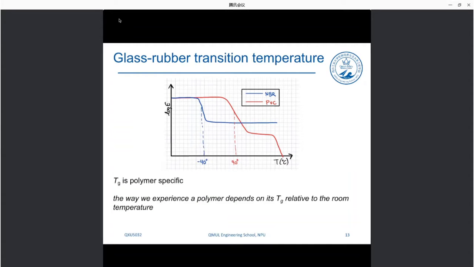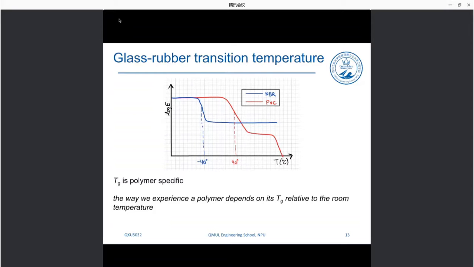And let's have a look at this graph, which is a modulus versus temperature graph for two polymers with different characteristics, as you can realize. The blue curve shows us a nitrile butadiene rubber that is an elastomer, okay? And we said elastomers display only a glass transition because they only have an amorphous structure, okay?